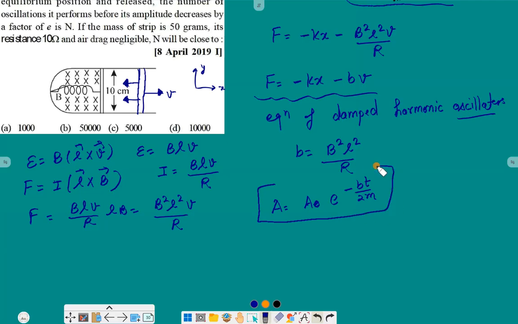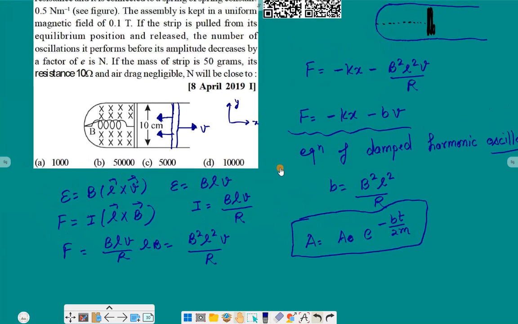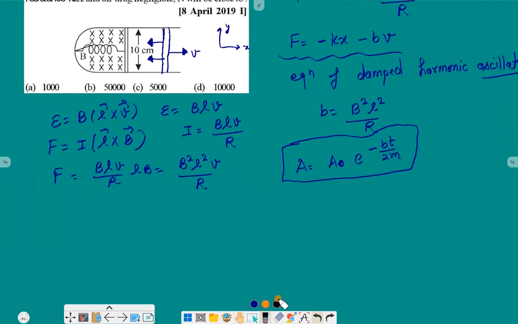We can use this expression to find the time taken to reduce the amplitude by a factor of e, as the question asks for the number of oscillations after which the amplitude decreases by a factor of e. So our final amplitude is A naught by e, equal to A naught e raised to power minus bt by 2m. A naught gets cancelled, and we have 1 by e equal to e raised to power minus bt by 2m.